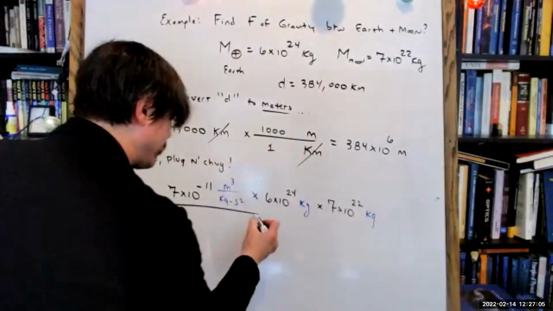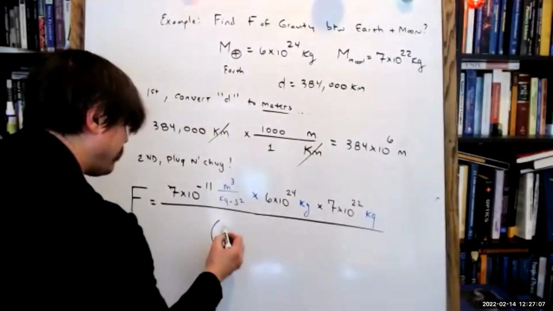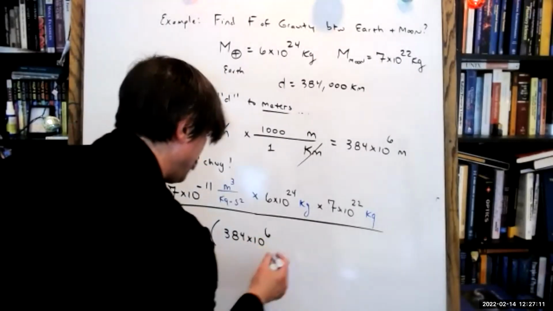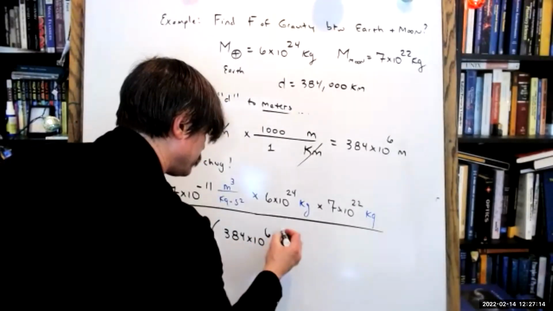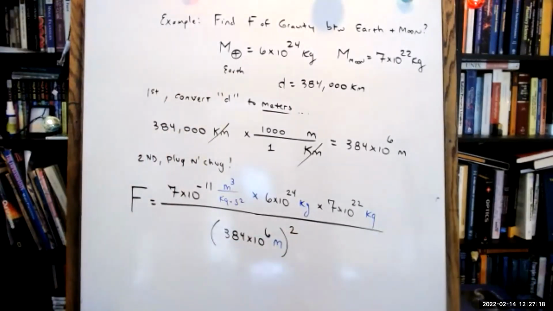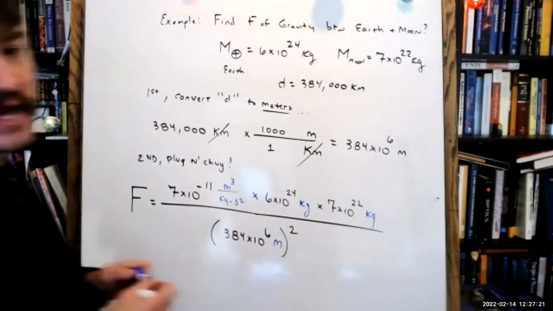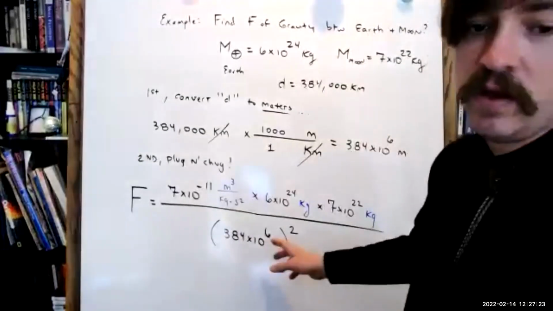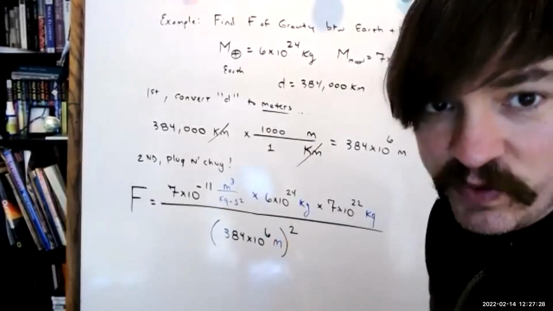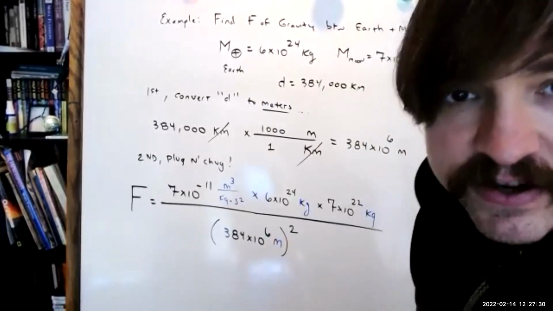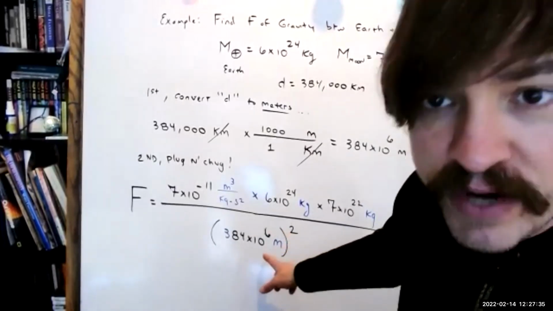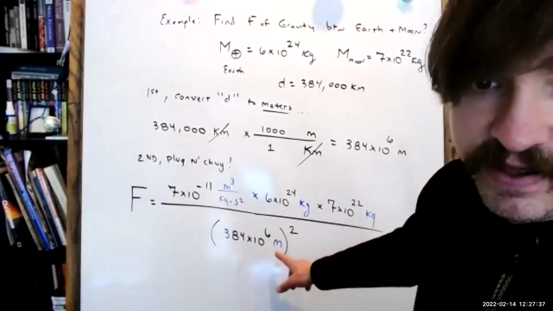And I want you to watch how I write this on the bottom. Open parentheses, 384 million meters, squared. Now, y'all might be thinking, the parentheses are for the calculator, right? Wrong. The parentheses are there for your unit balancing purposes.